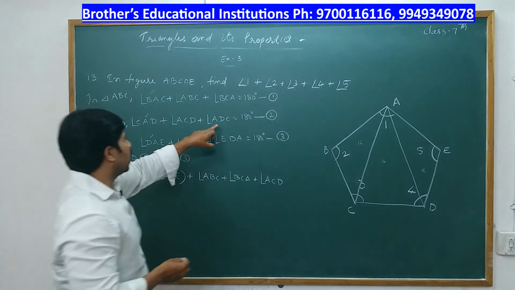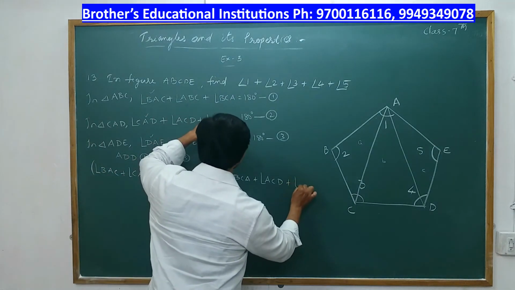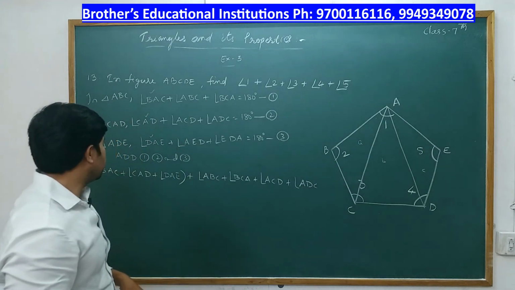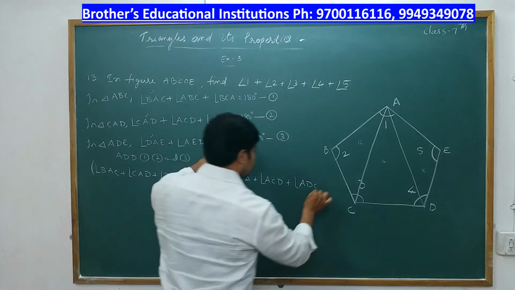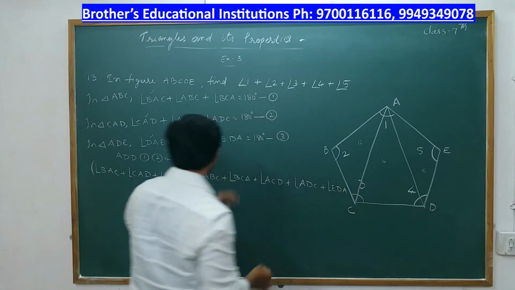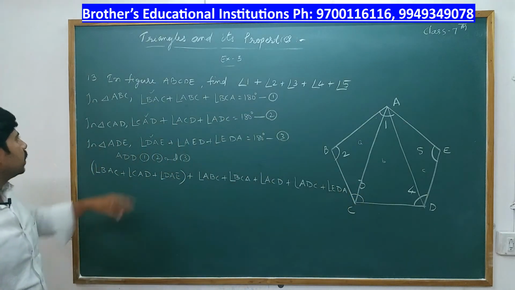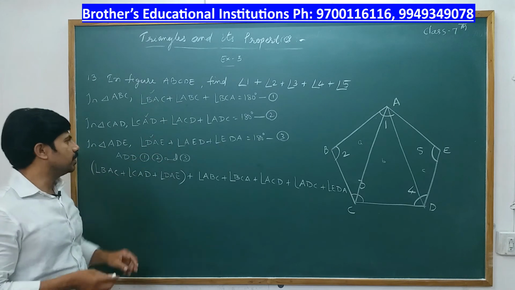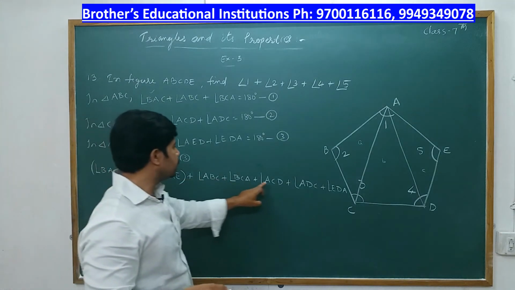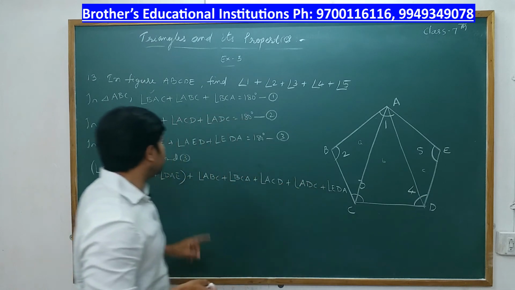We have angle ADC plus angle EDA, right? See, how many are there total? 3 plus 3, 6, 9. So total should be 9. Just count 1, 2, 3, 4, 5, 6, 7, 8. So one more we need to write.